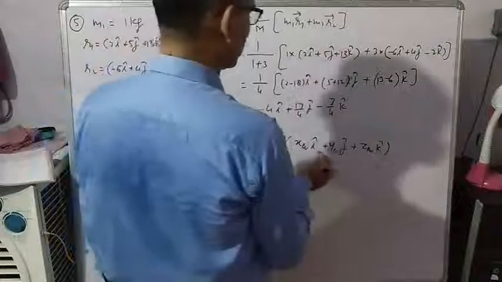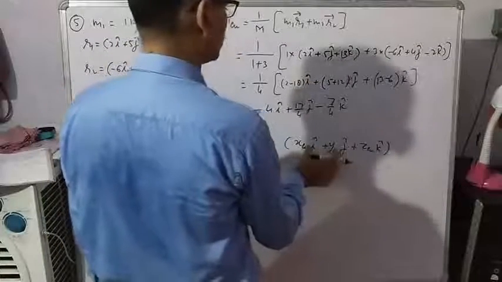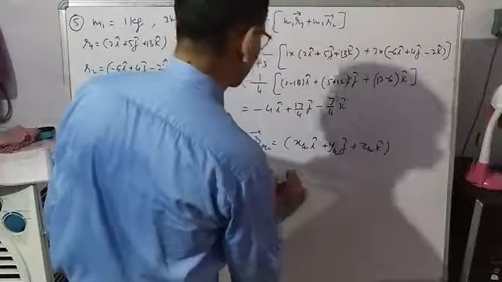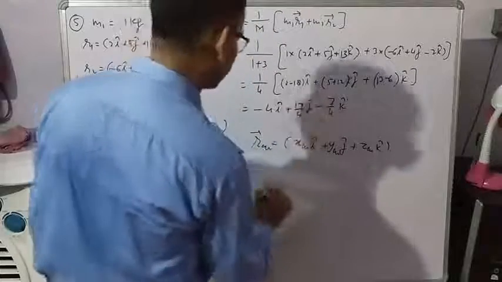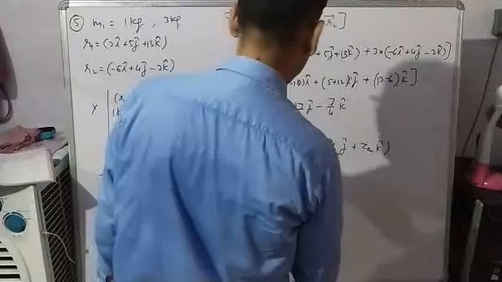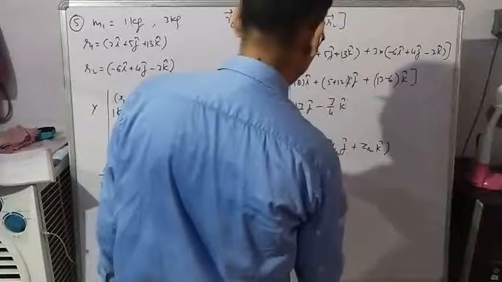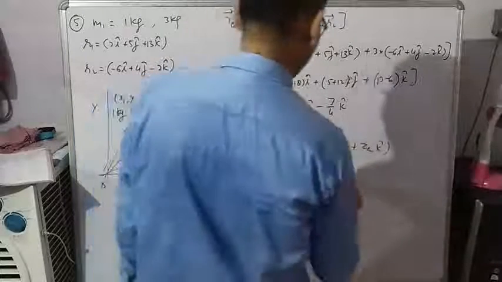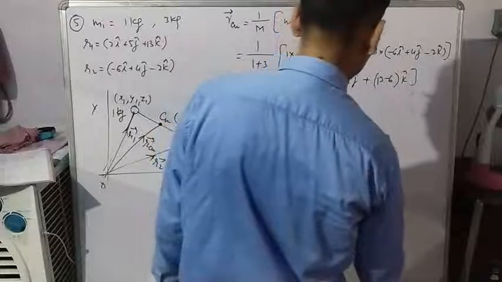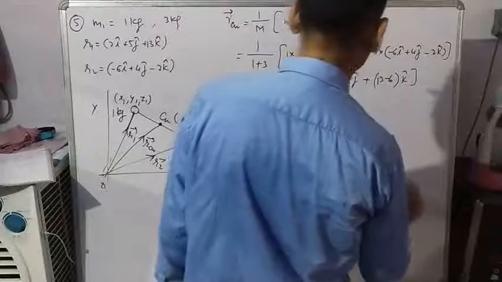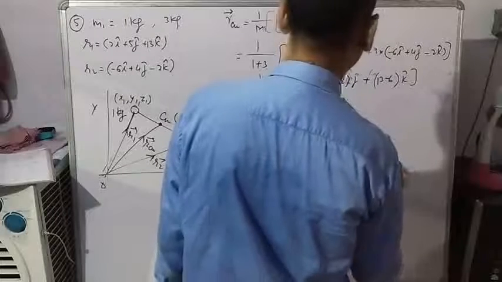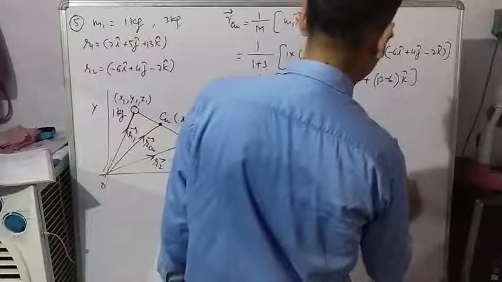Now compare the assumed value with the calculated value. So XCM is equal to -4, YCM is equal to 17/4, ZCM is equal to plus 7/4.